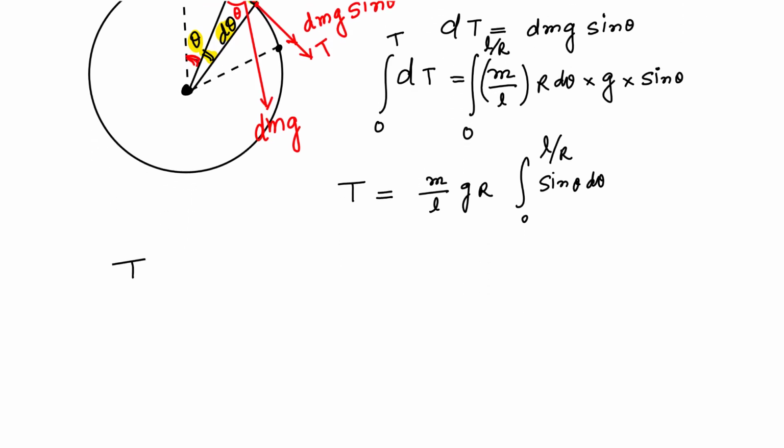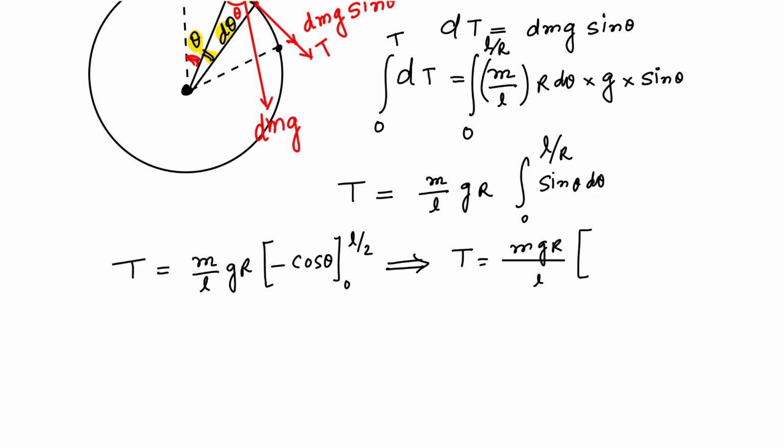So we can write here T is equal to M by L gR times minus cos theta, and the limit will be 0 to L by R. So from here I can say tension is equal to mgR by L times 1 minus cos theta, and cos theta will be cos L by R. So this is not 2, this is R. So this is L by R. So this will be the final tension, or this is the tangential force.